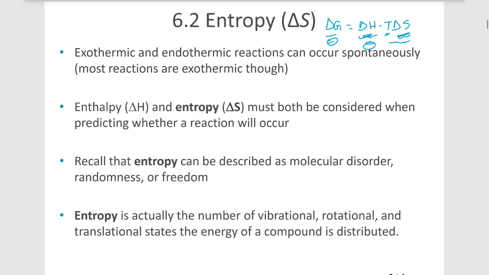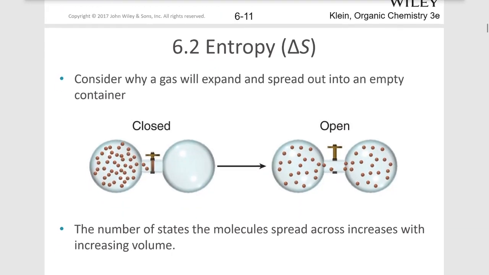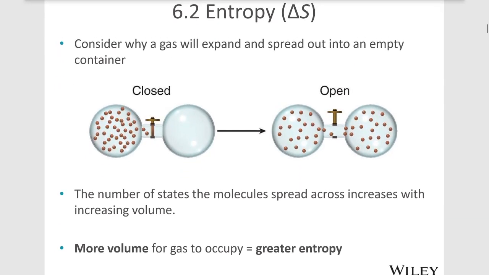So recall that entropy from general chemistry can be described as molecular disorder, randomness, or degrees of freedom. It's actually the number of vibrational, rotational, and translational states, or degrees of freedom, in the molecule. So consider a gas that is isolated on one side of a container, and on the other side of the container we have, say, a vacuum.